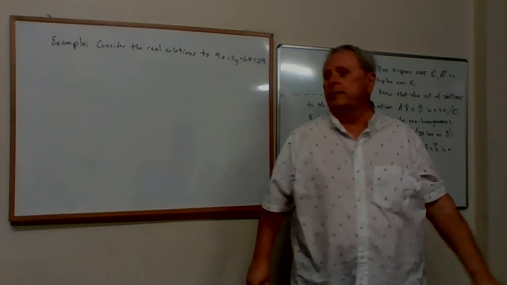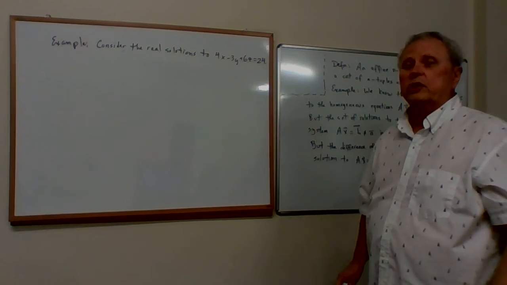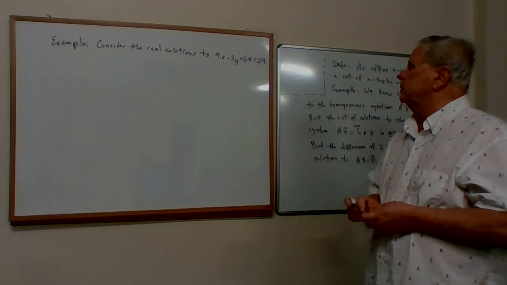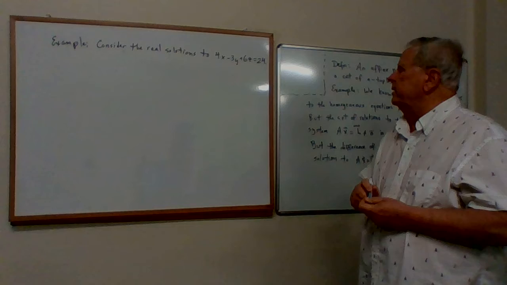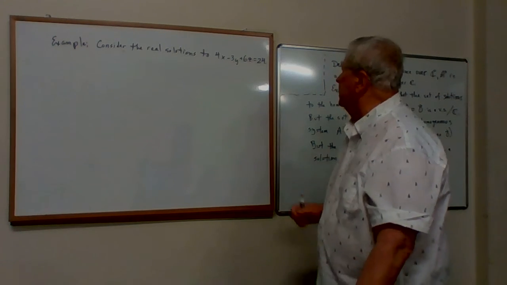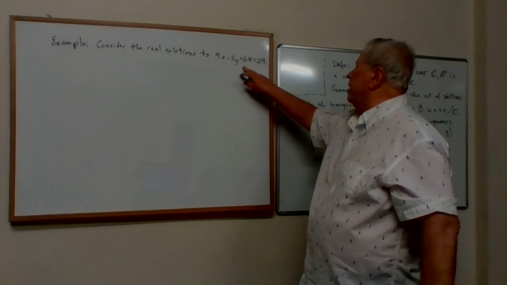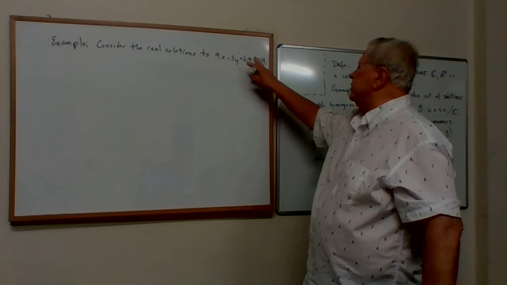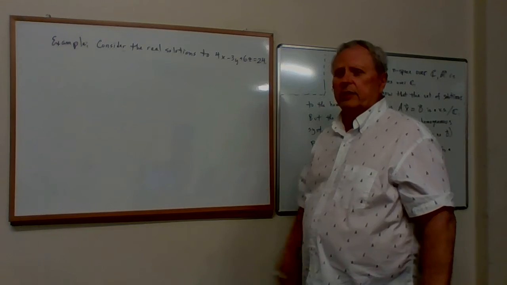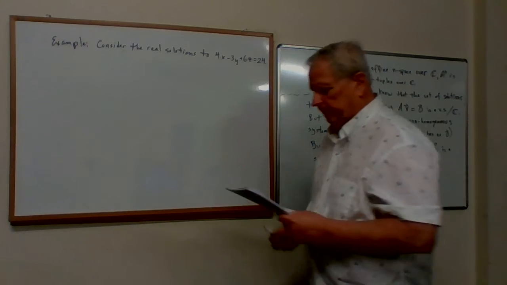Now, the set of solutions to this equation is an algebraic variety, because if I take the 24 to the other side, then I have the polynomial 4x minus 3y plus 6z minus 24 equals 0. And so the set of solutions of that is going to be a variety.